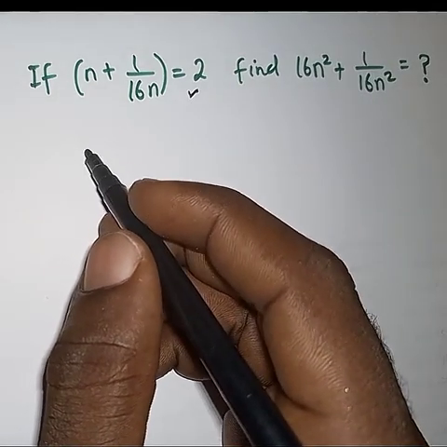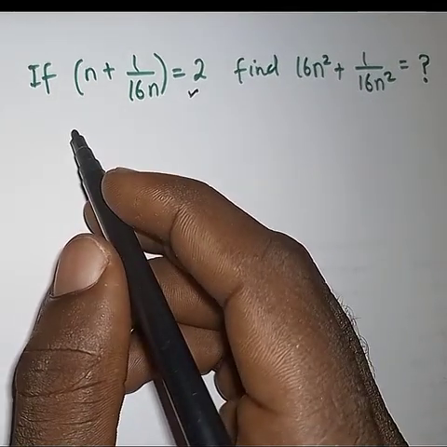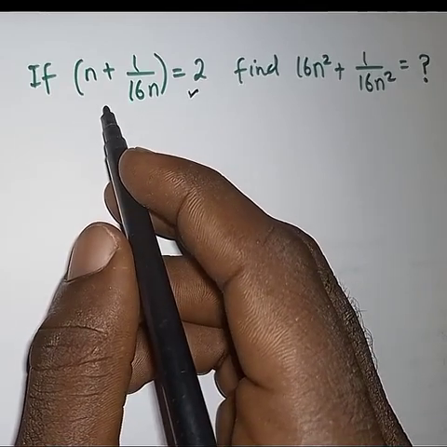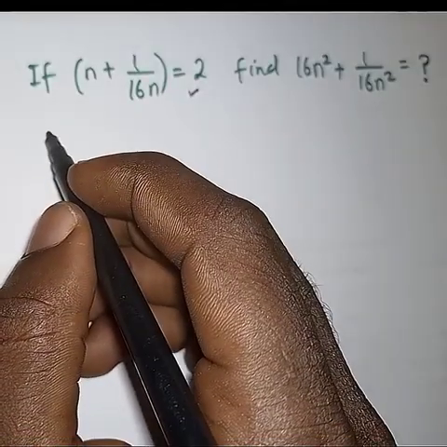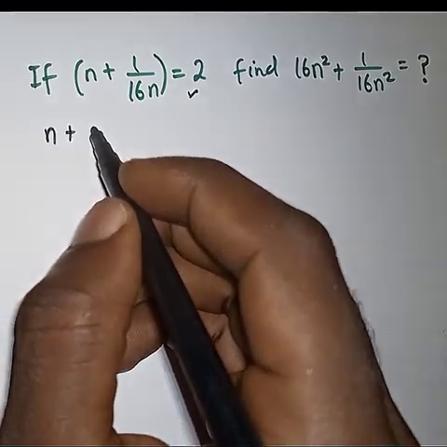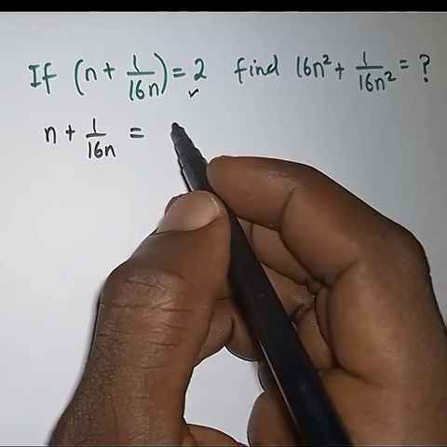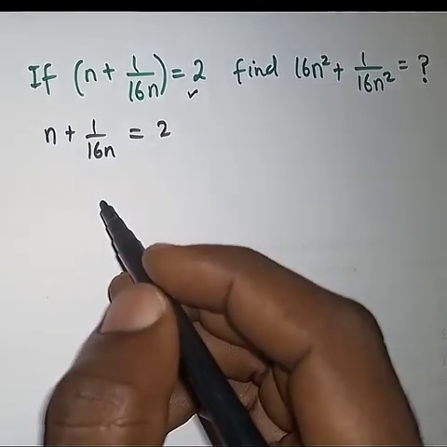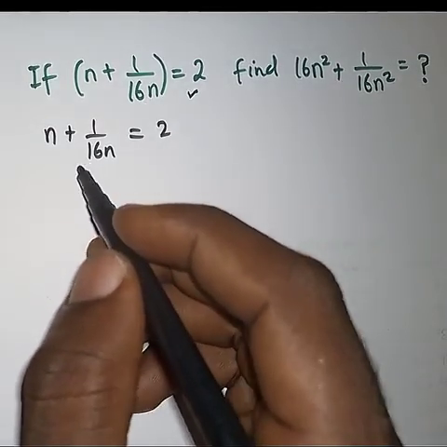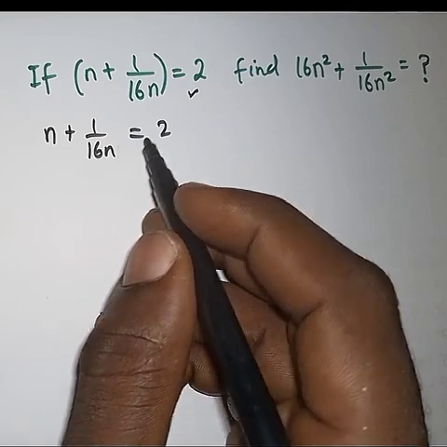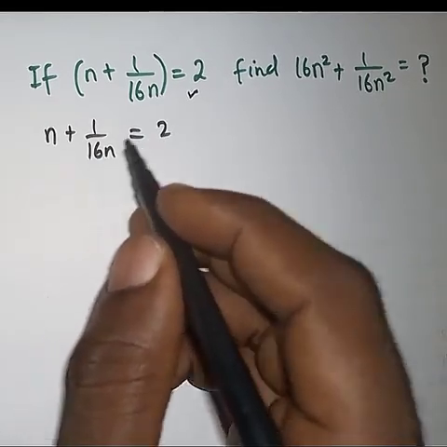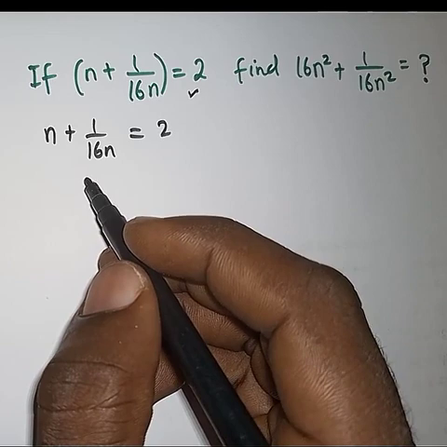So now from there, we are going to have this. Let's say I copy this out: n plus 1 over 16n equals 2. That is the equation here. Now what if I multiply both sides by 4?